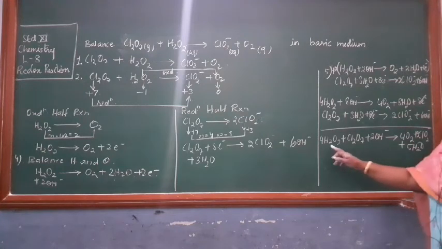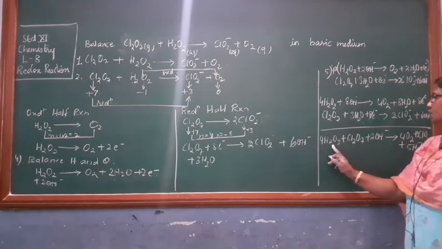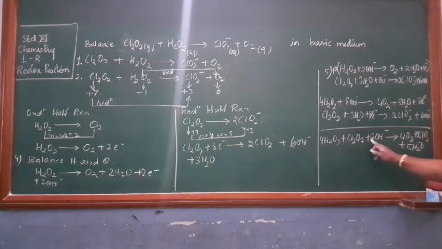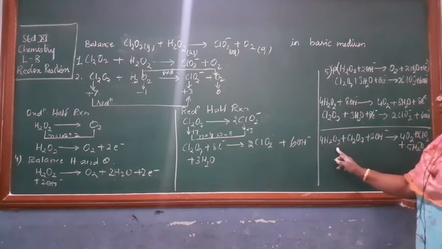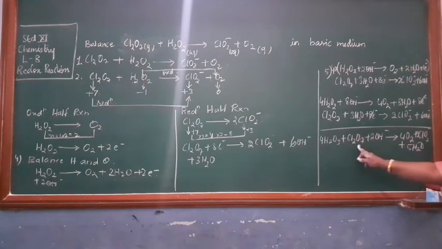ठीक है, just check all the hydrogens, chlorines, oxygens are same or not. Here you have 4 into 2, 8, 8 plus 2, 10 hydrogens, you have here 10 hydrogens. Okay, oxygen कितना है? 4 into 2, 8 plus 7, 15 plus 1 plus 2, 17. So how many oxygens here?